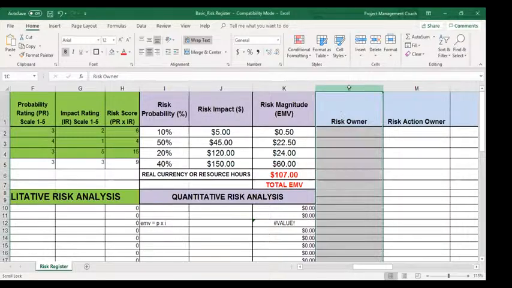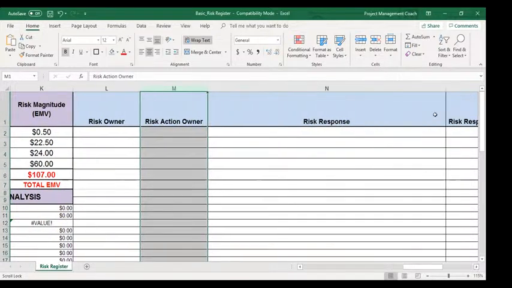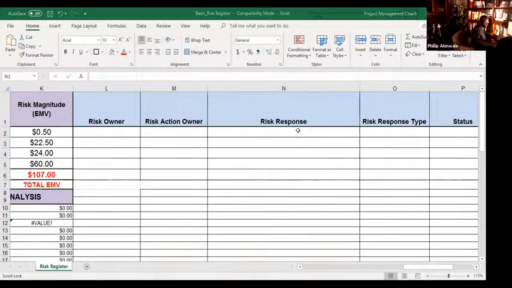we have a column for risk owner, a column for risk action owner, and we have a column for risk response. So this is where you would describe the response. You would describe it here, put a little description.